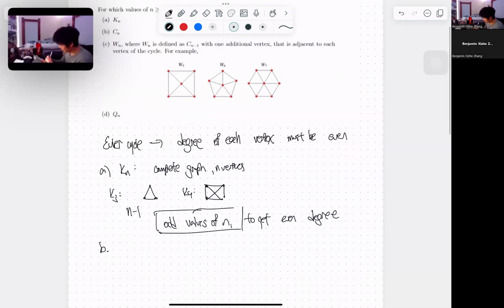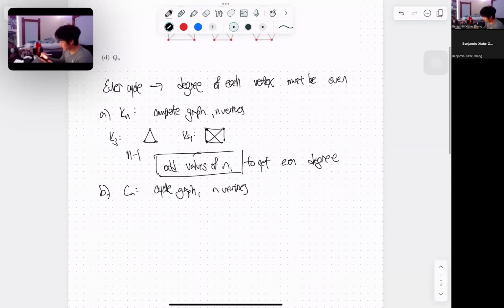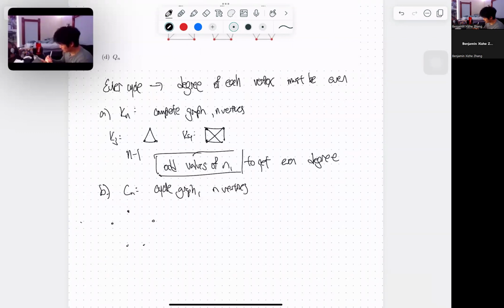In B, we have C sub n, which is the cycle with n vertices. What does that look like? We just have, for example, for C5, this circular kind of structure, and it looks the same as we add vertices.